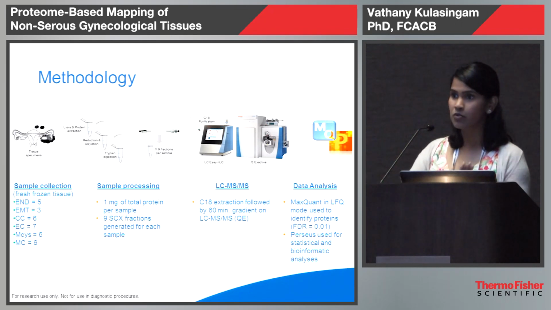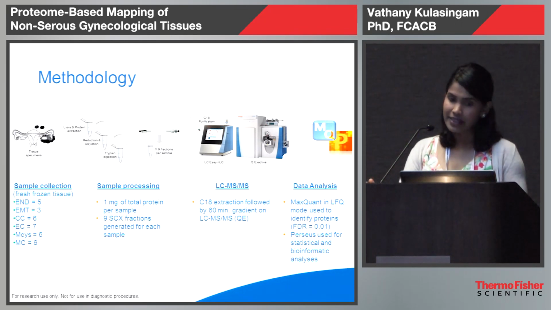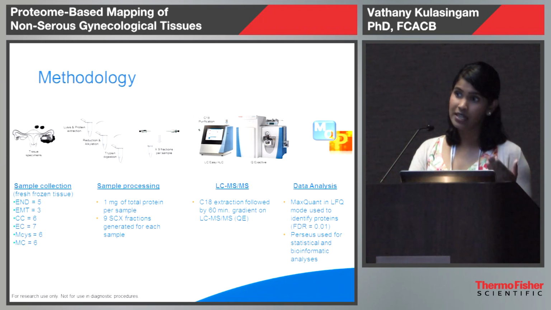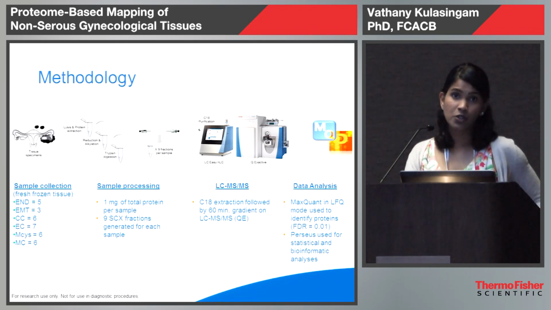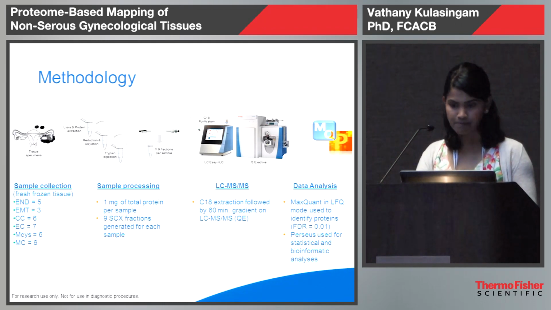So we did randomize all of our samples before we put them onto the mass spec. Data analysis consisted of taking the raw files and doing MaxQuant searches to identify what the proteins are, followed by bioinformatics using Perseus and other bioinformatics software.